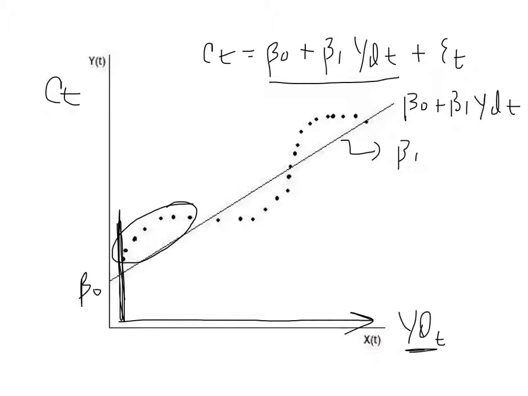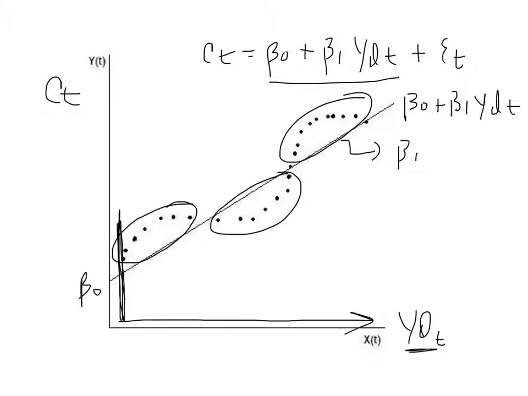The optimism wanes at some point, and we end up with a cluster of data points that sit below the line, and then the optimism comes back, and we have consumption values that sit above the line.